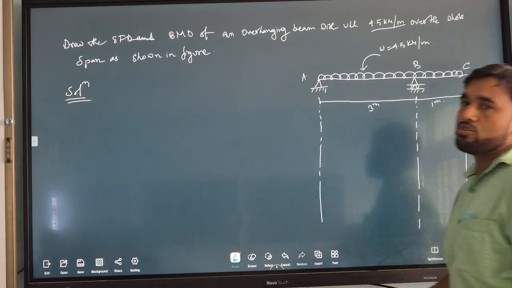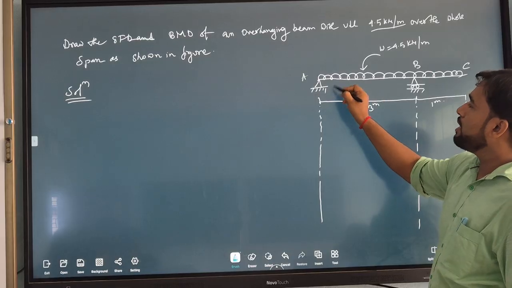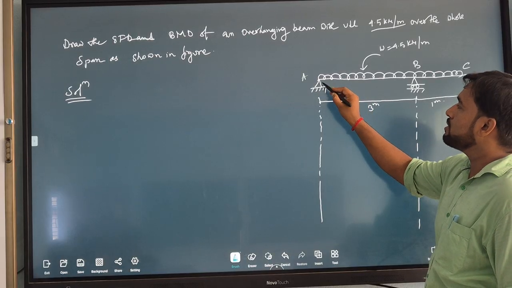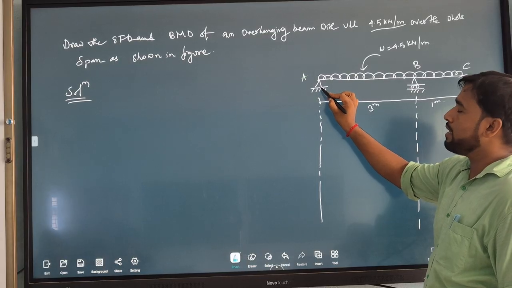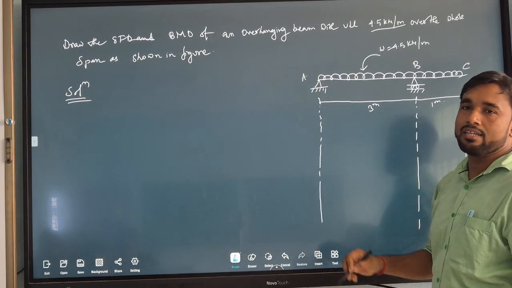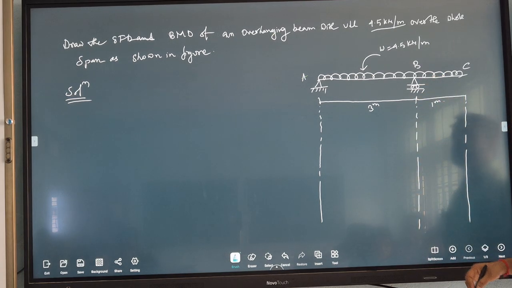While drawing the free body diagram, you remove the beam support and apply two support reactions, one horizontal and one vertical. If you remove this roller support, put a vertical reaction.